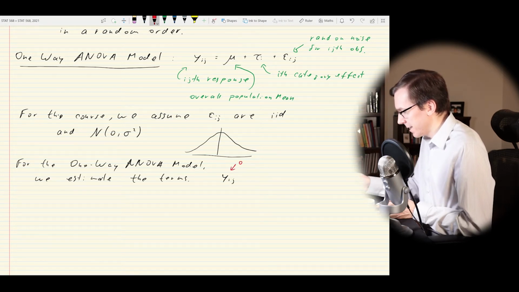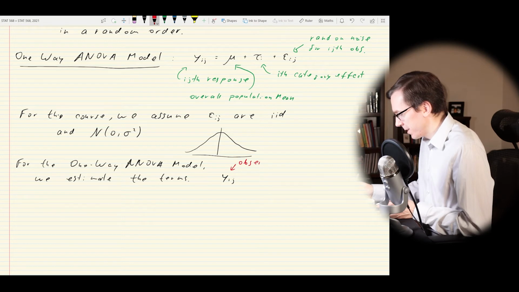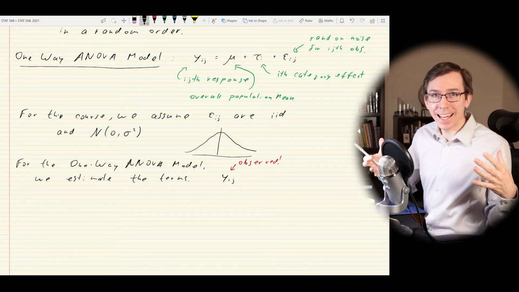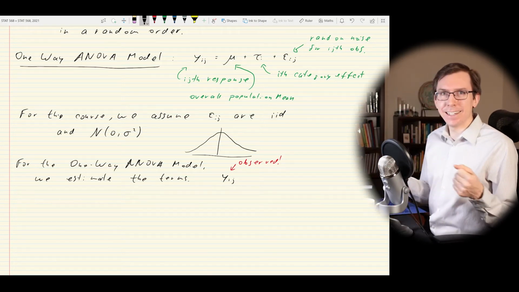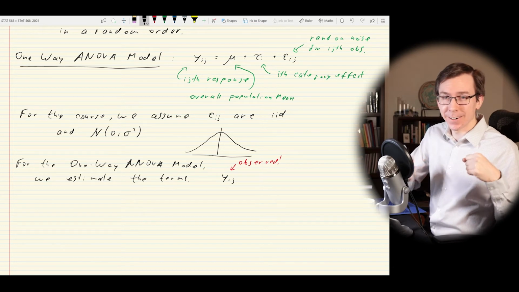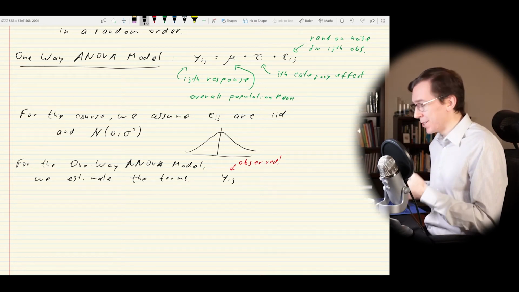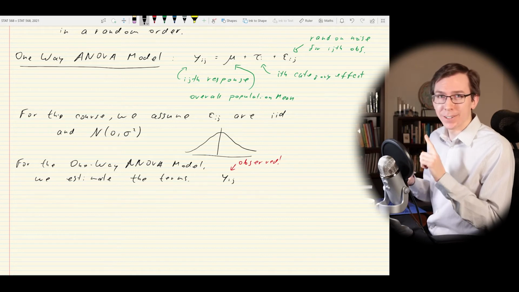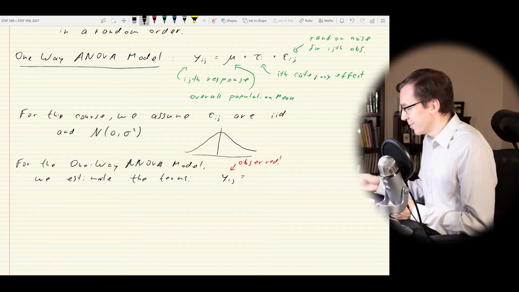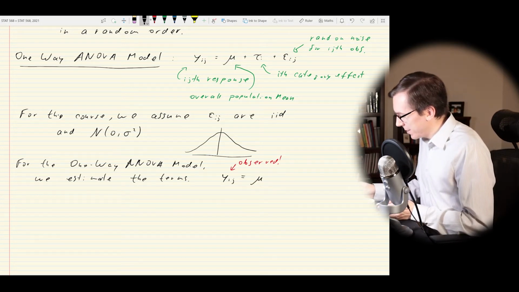So the point is this thing is observed. So that means that we actually know what that is. We've seen Yij because we went out and we measured it in our experiment. But we don't know what any of the other things are in that equation. We don't know mu, we don't know tau, we don't know epsilon. So what we do is we try to estimate them.